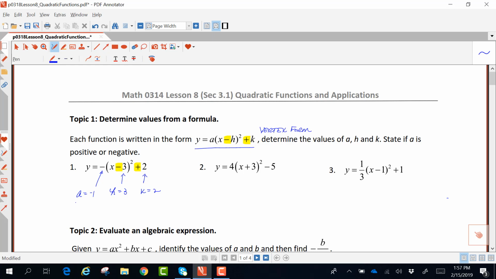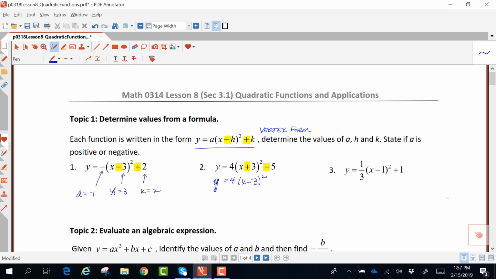Number 2 is a little more challenging because you do not have the correct signs, being minus in front of the 3 or a plus in front of this 5. The signs are opposite of what they need to be like the vertex form. So we can rewrite this by making this an x minus and making this a -3.